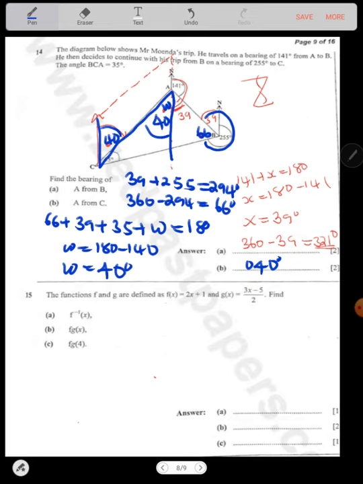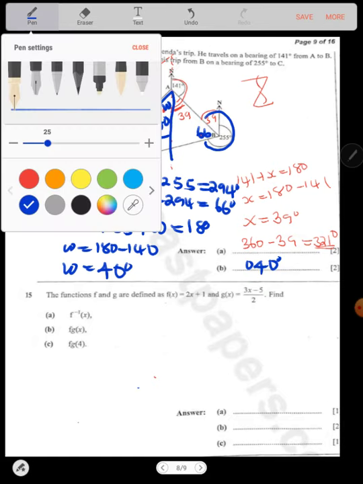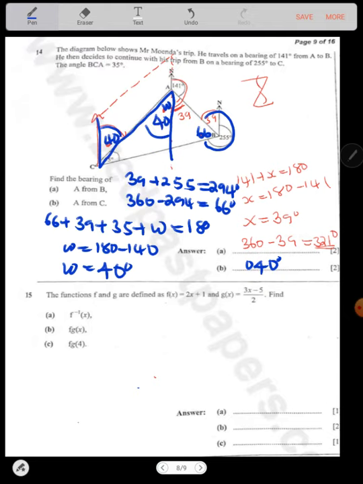Then question 15 says the functions f and g are defined by this. Find the inverse of f of x. So to find the inverse, you introduce y on this function f, plus 1. So you have to leave x alone.